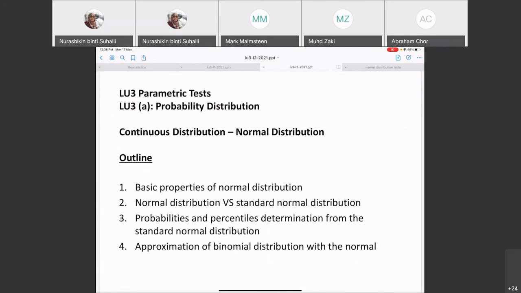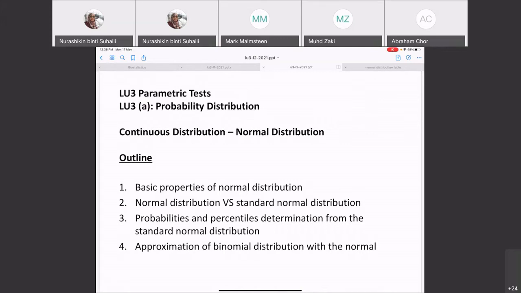The outline: we're going to see the properties of normal distribution, what the normal distribution is, then what the standard normal distribution is, then probabilities and percentile determination from the standard normal distribution, and finally approximation of the binomial distribution with the normal.